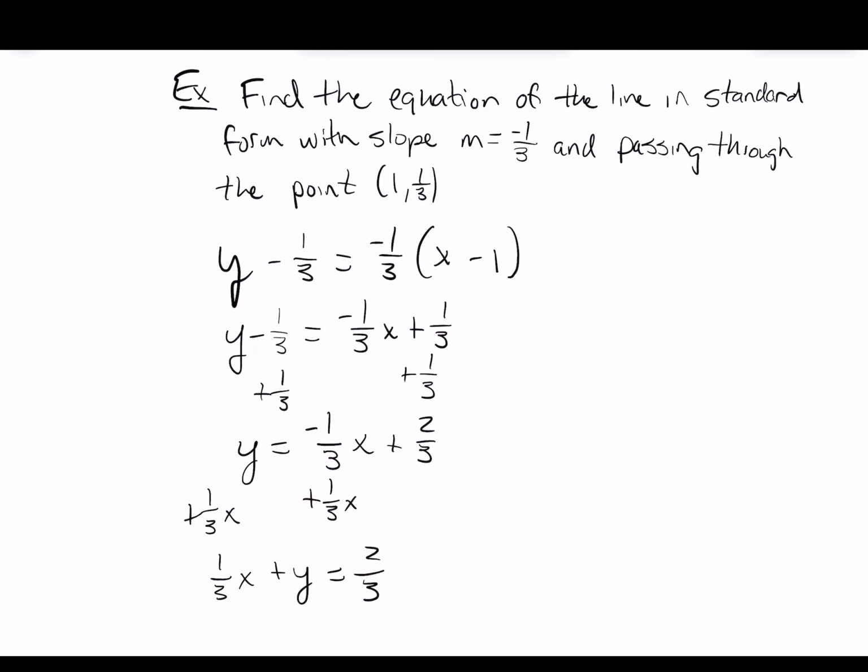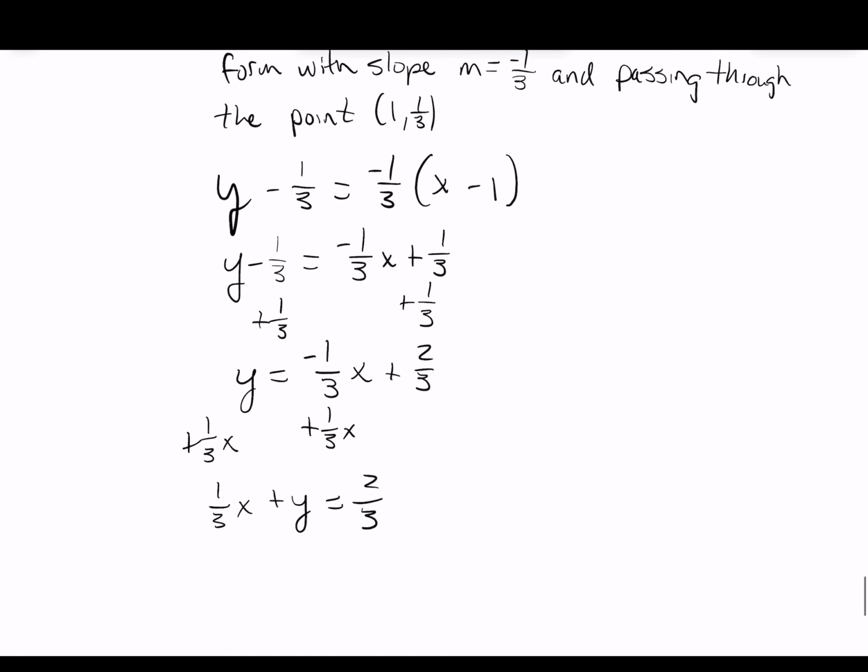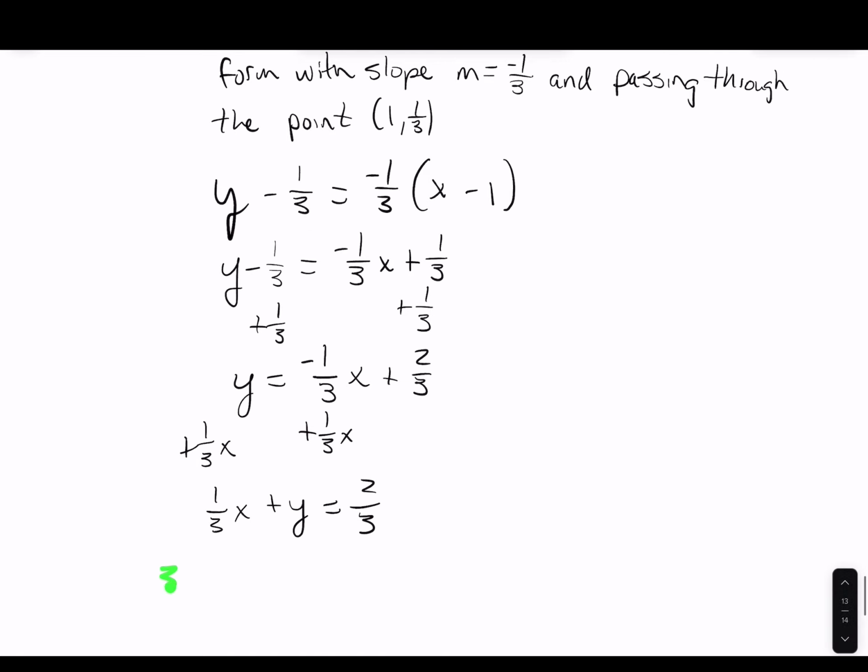So the way we get rid of that denominator, or that fraction in this case, is we multiply both sides by the denominator, or the reciprocal of 1/3, which is 3. If it was 2/3, we would multiply by 3/2. So what we do is we multiply both sides by 3.